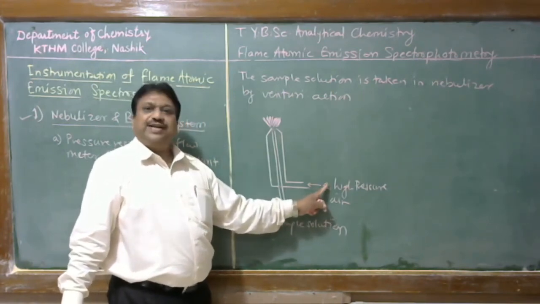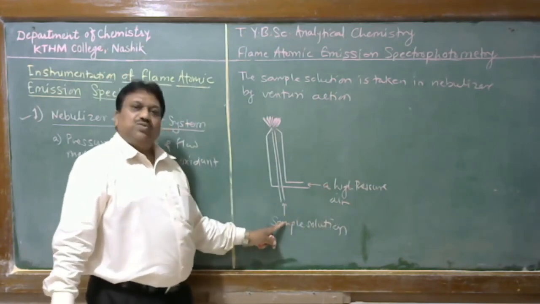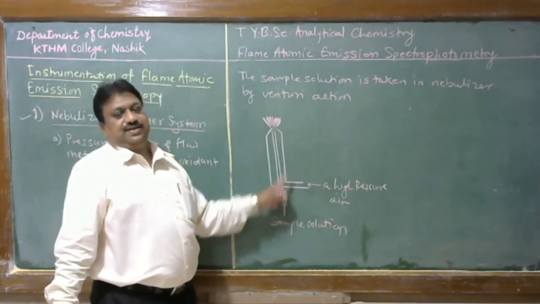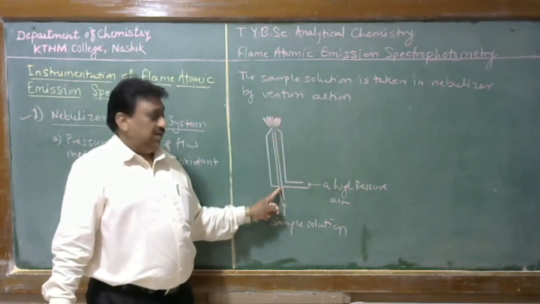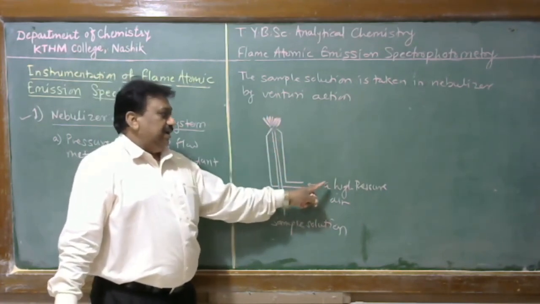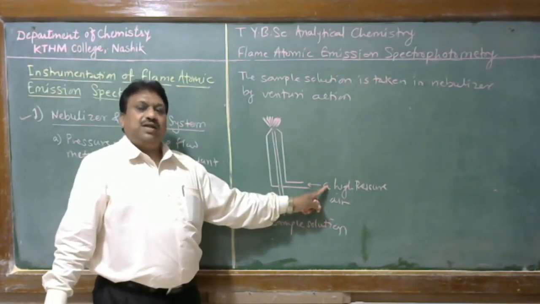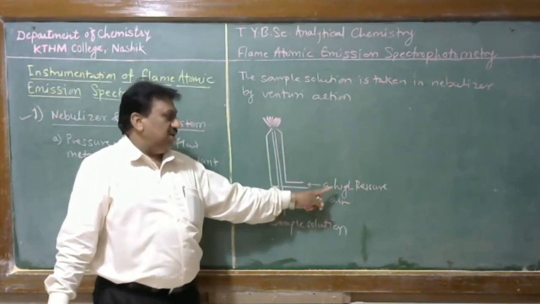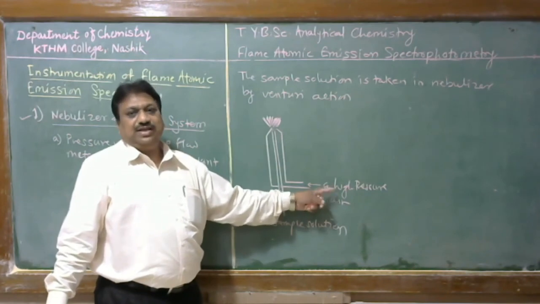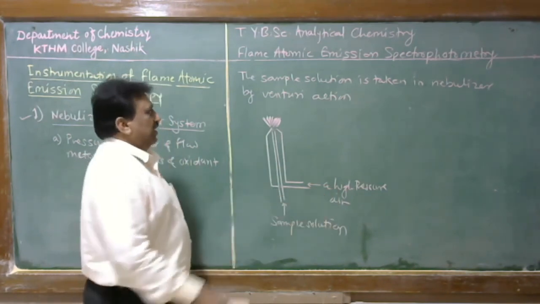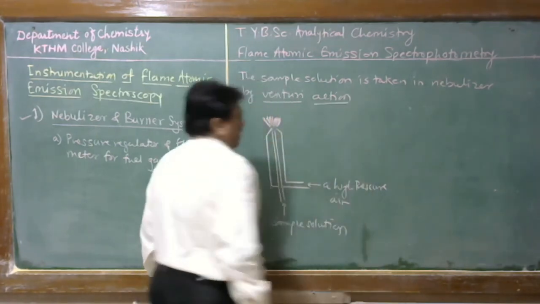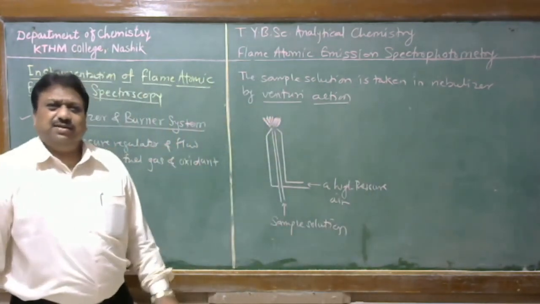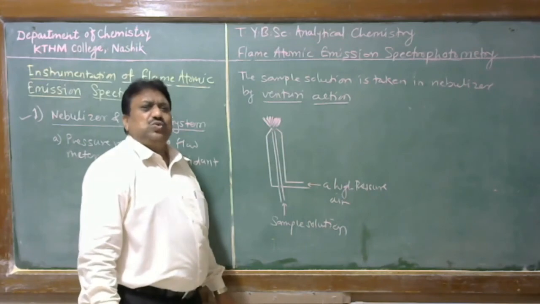If this flow rate is constant, then we can give the sample at a constant rate into the flame, and then we have a reproducible result. Therefore, a pressure regulator and a flow meter are required to maintain the flow rate of fuel gas and the oxidant.